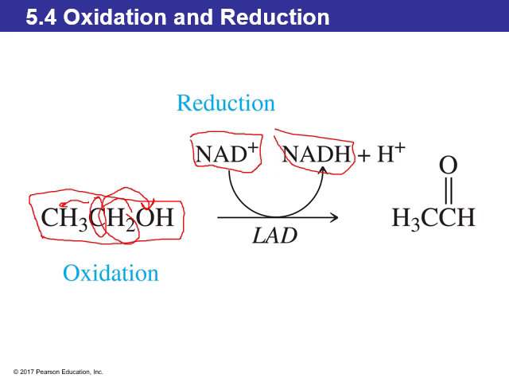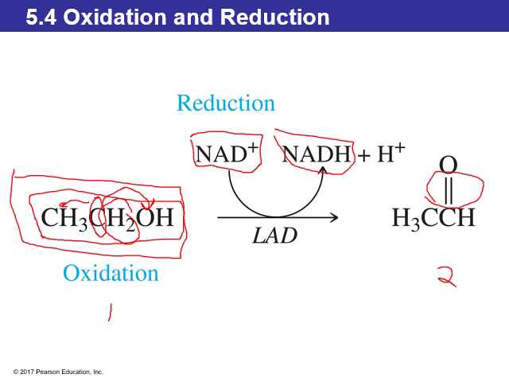So we've got a carbon with one bond to oxygen, and over here we've got two bonds to oxygen. So this alcohol has been oxidized. It gained bonds to oxygen.